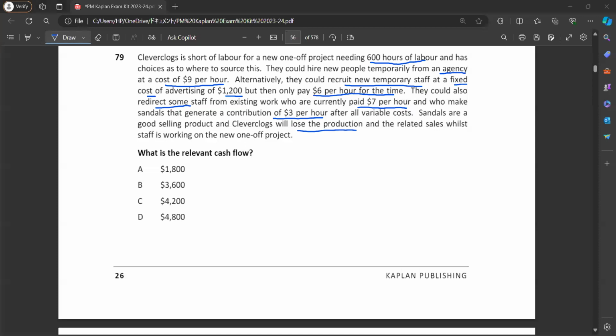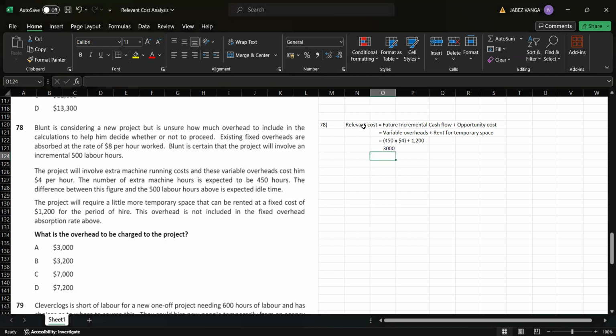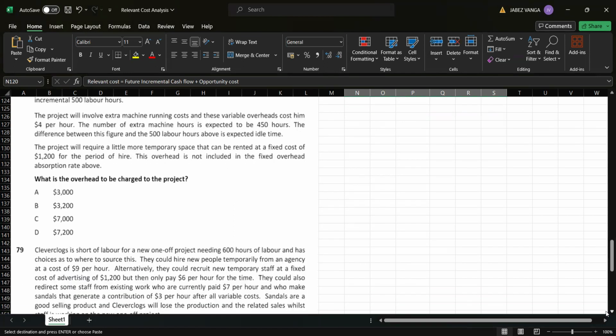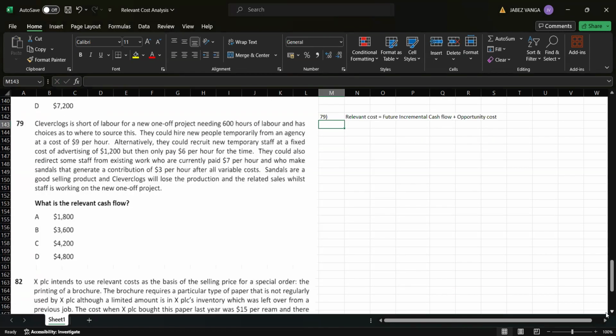When there are three alternatives, we need to find out what's the relevant cost. Question number 79.